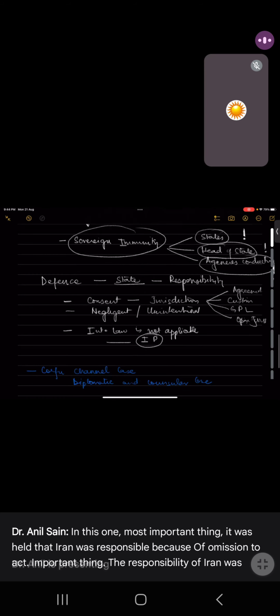In this one, the most important thing, it was held that Iran was responsible because of omission to act. The responsibility of Iran was determined because Iran was not able to extend to the agencies conducting their business any protection.